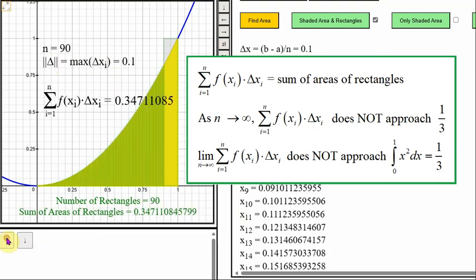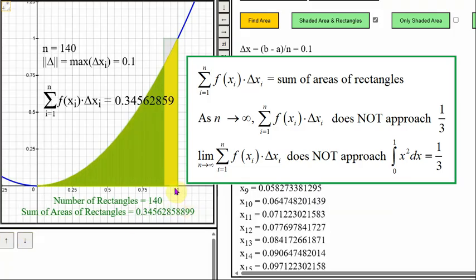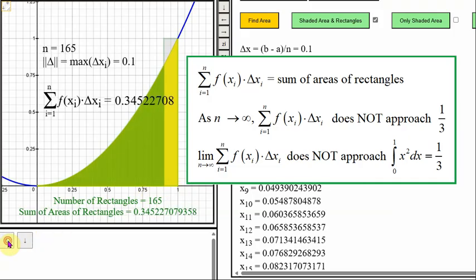So in this case, it doesn't matter how large n is, the largest subinterval width is always going to be 0.1. And because this subinterval width does not approach 0, the sum of the areas of the rectangles will not approach the exact answer of 1/3.